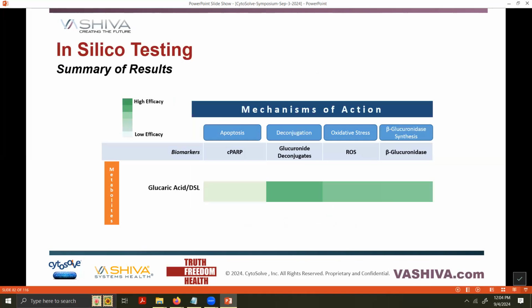This is a summary of those results. What we see is that glucaric acid is able to significantly reduce 3 of the biomarkers: glucuronide deconjugates, reactive oxygen species, and the enzyme beta glucuronidase. But when it came to the CPARP or the apoptosis, it was not as effective in down-regulating the cell death.